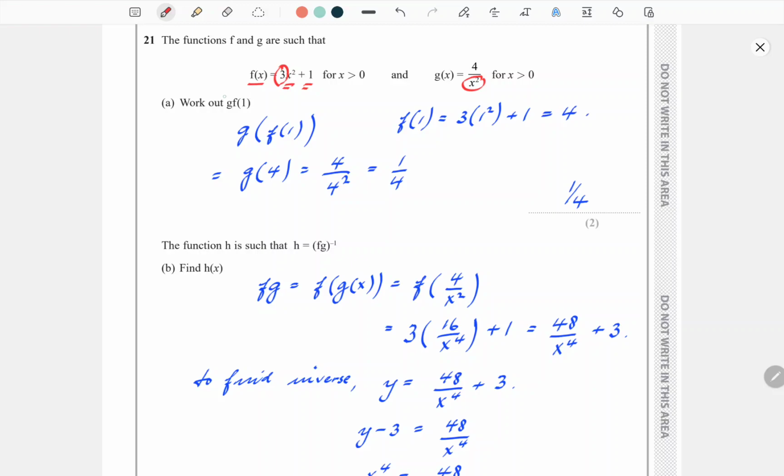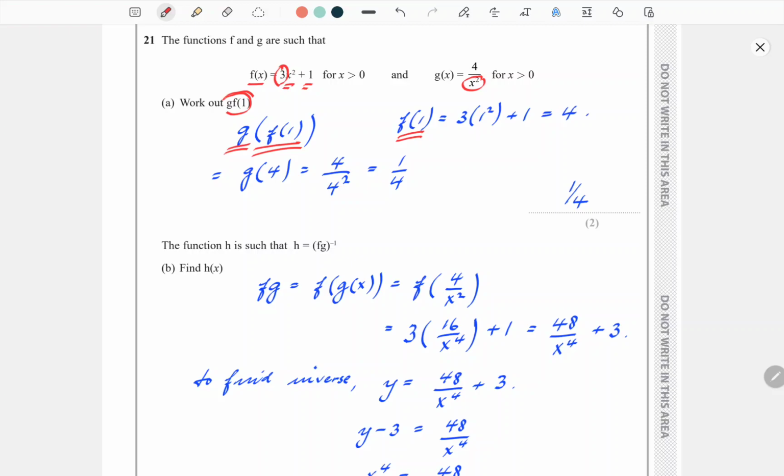Okay, right, now, it says work out gf of 1. That means you first put 1 into f, get the result, and take the result and then put it into g. All right?